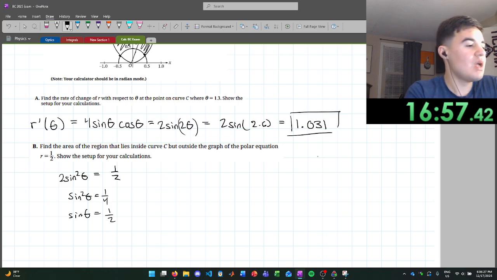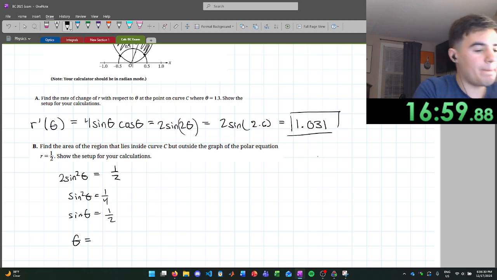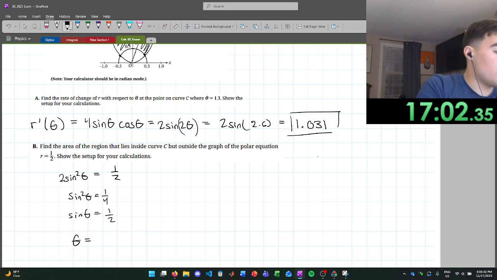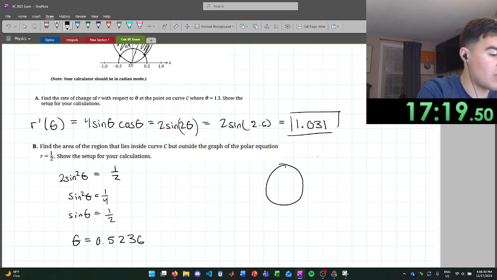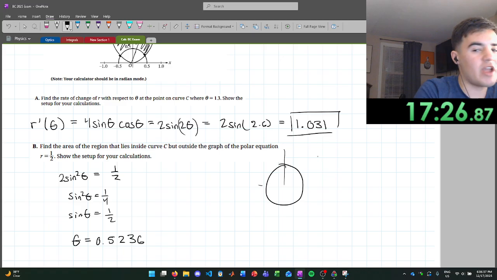Okay. From the arc sine, I get theta equals 0.524. Then the other solution: if we have some angle of 0.52, where pi over 2 is 1.57, and this vertical line represents a ray of 1.57, our answer is 0.5, so probably somewhere around here.